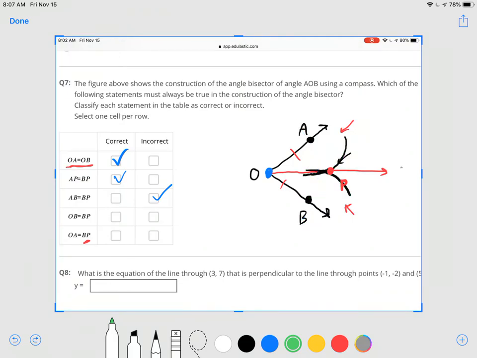We kind of learned something similar when we did some of the other Edulastics, where there was this question that asked how big does the compass setting have to be? I think the letters were T and W, and the thing to notice was that it had to be bigger than halfway.